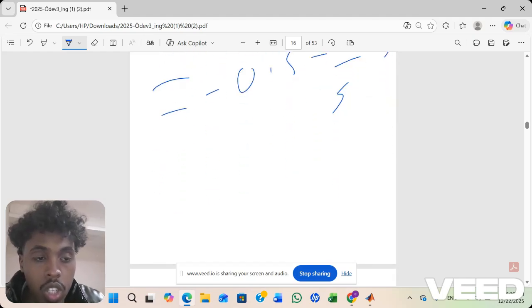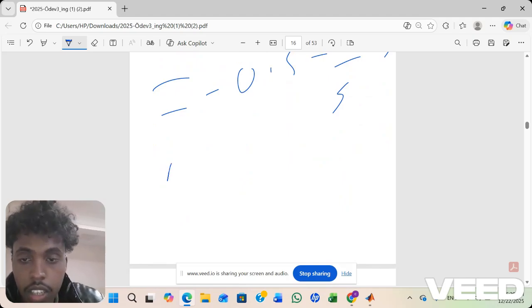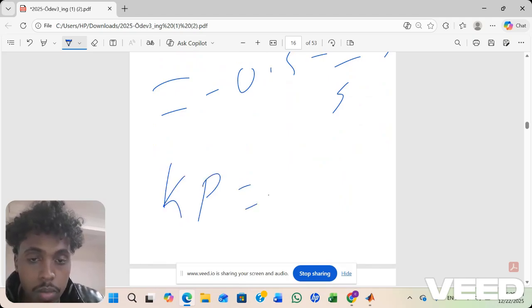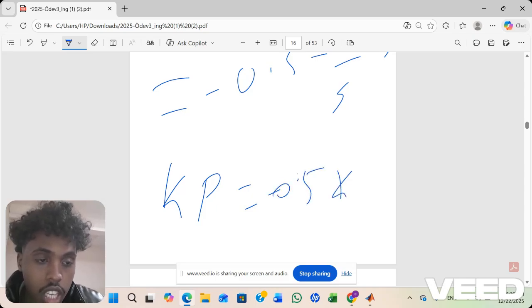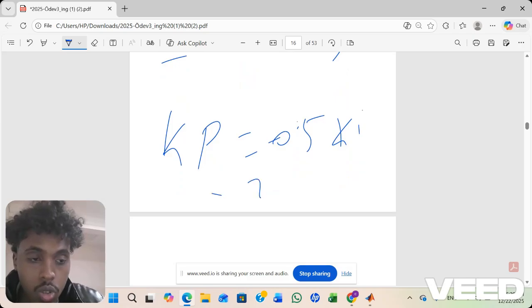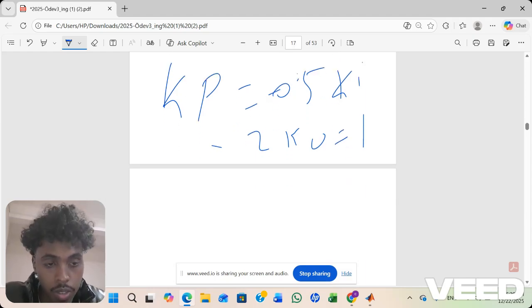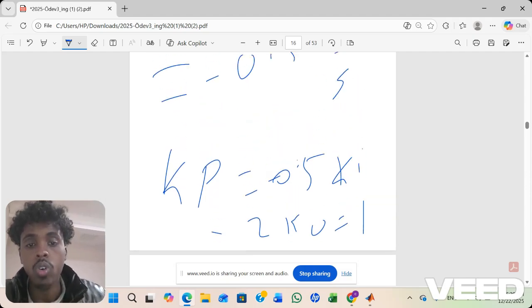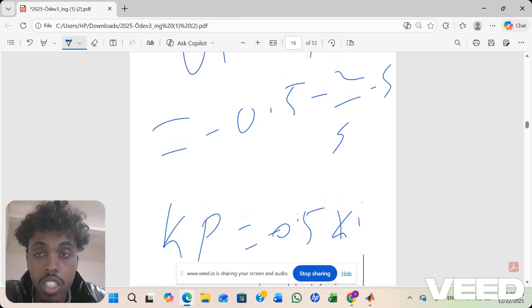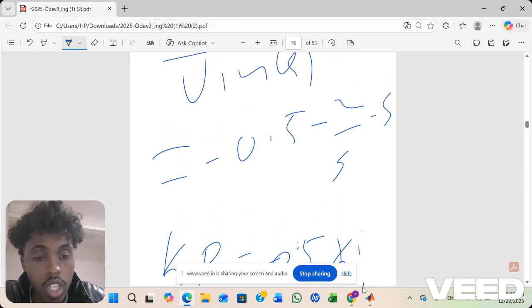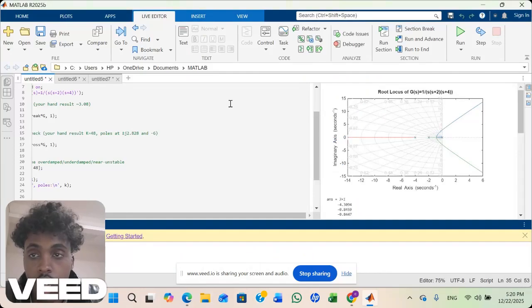For example, Kp is 0.5, Ki is minus 2, and Kd is this one. So right now we're gonna see if the code is working. Let us see.